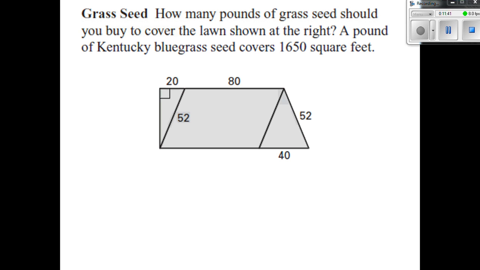And if you don't think you will, you just might find out later on in life that area is used a lot, especially when you have to seed a lawn or mow a lawn or cover a certain part of your bedroom floor or the walls because you have to paint.